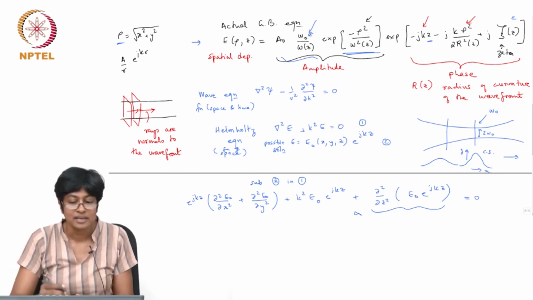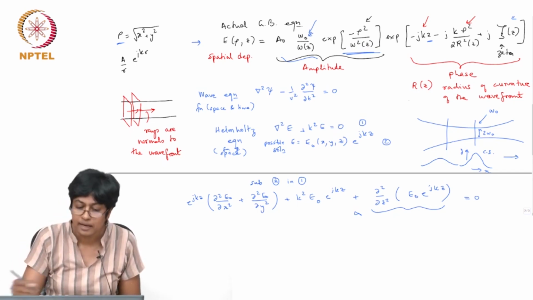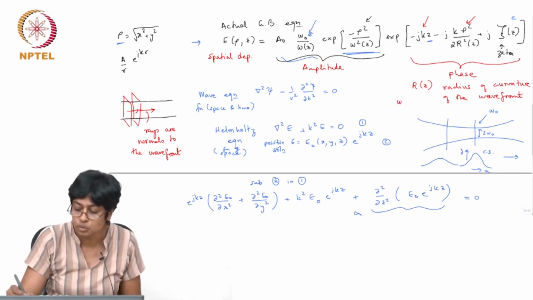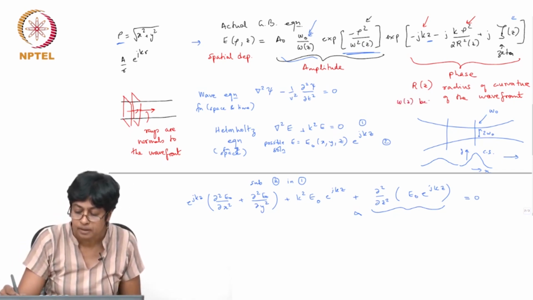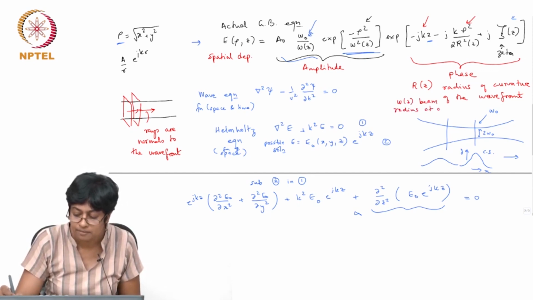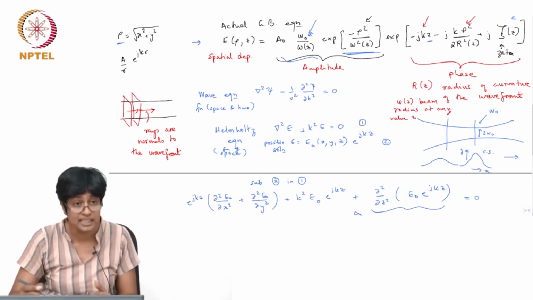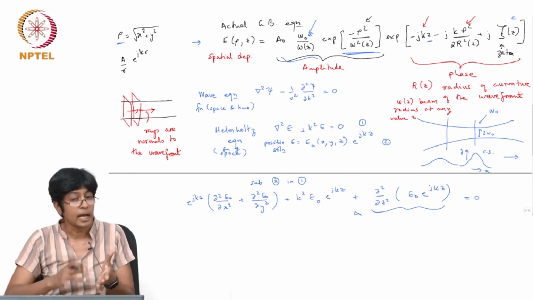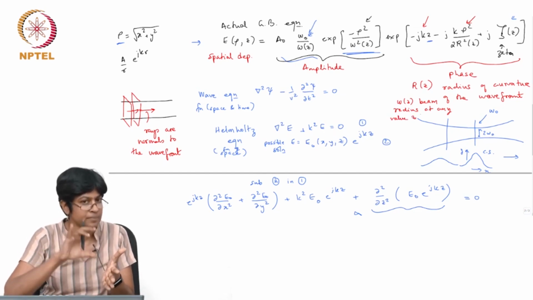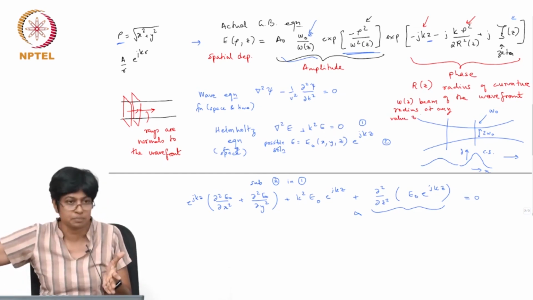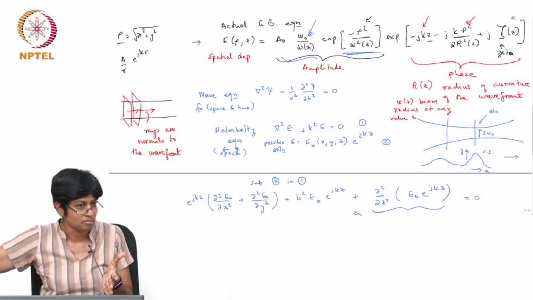Omega of Z is the parameter that tells you the beam radius at any value Z. Because you can see a plane wave, I assume it has the same radius or the same diameter as it propagates. Right?